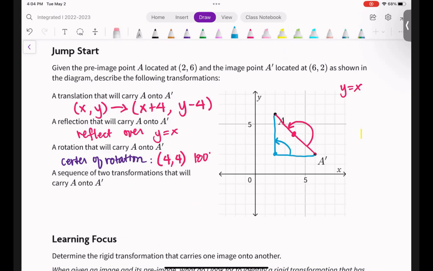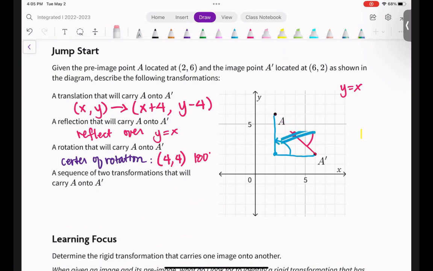And then if you need two steps for this next one, a sequence of two transformations, there's actually a lot of those answers too. Don't think there's only one answer.